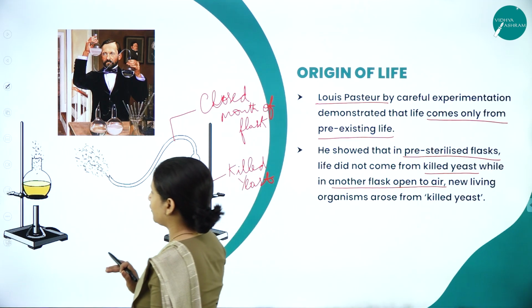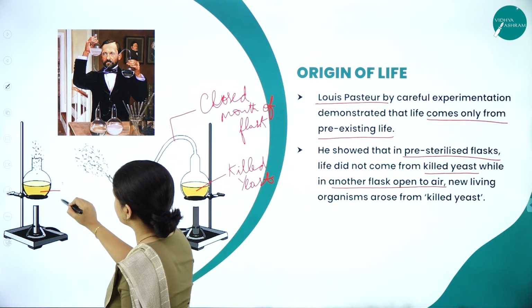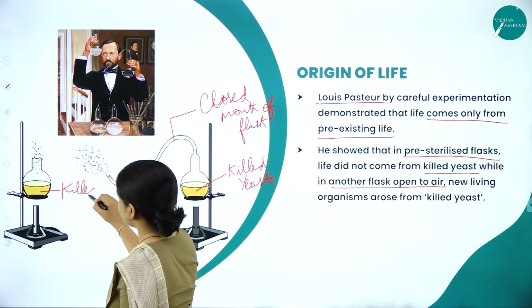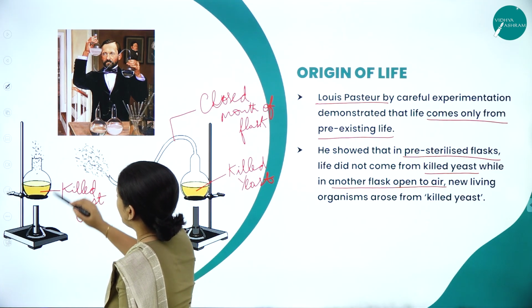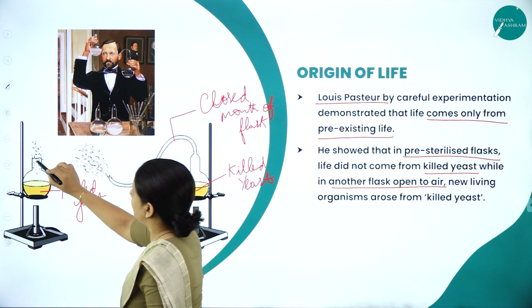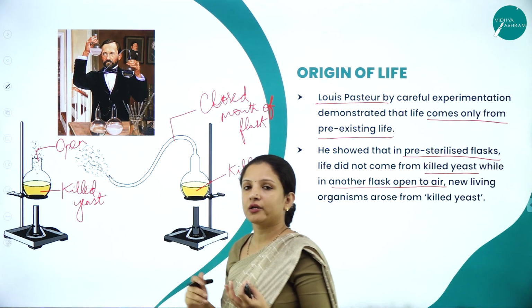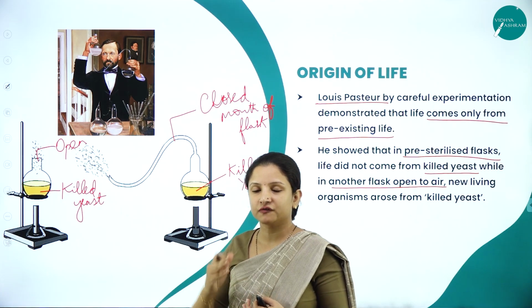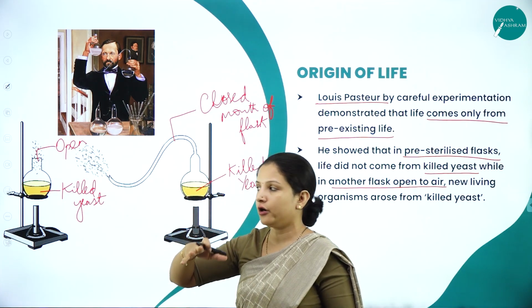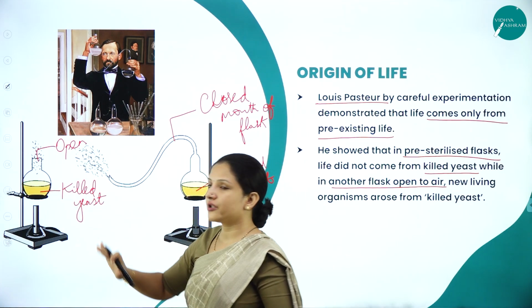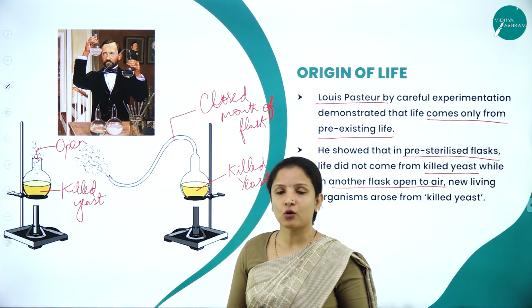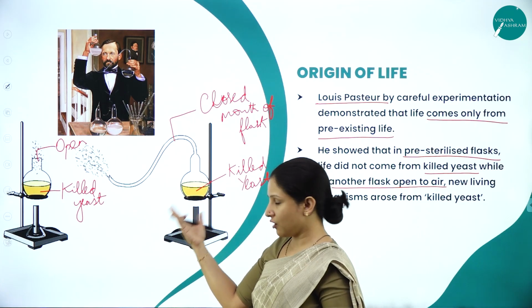In another set of flasks, here also he took killed yeast and he left the flask mouth open. Because it is open, whatever organisms are there in the atmosphere, bacteria, fungal spores or whatnot, can come and settle on the killed yeast, because yeast can also act as a food source for those organisms.